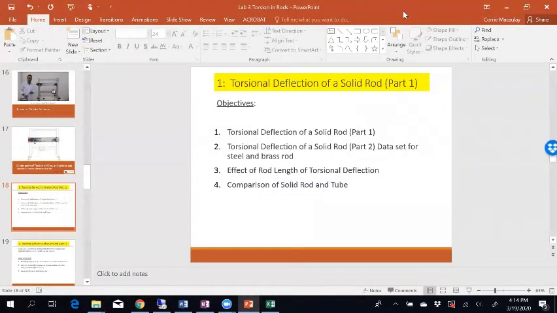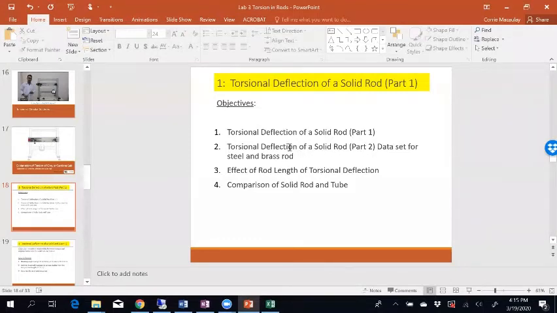All right, so quickly, I'm going to go over the test that you were supposed to do. There are, in essence, 3 parts. Part 1 has 2 parts. The first part for the first experiment is the torsional deflection of a solid rod.